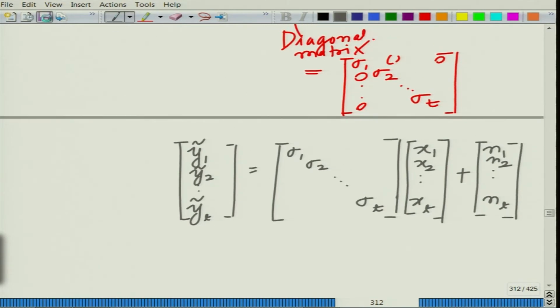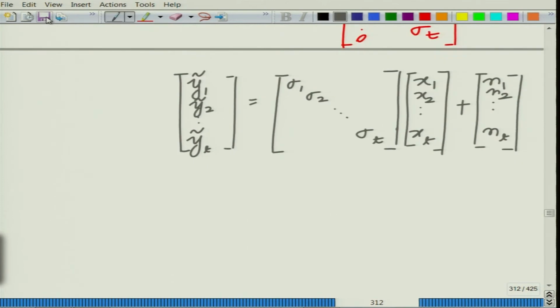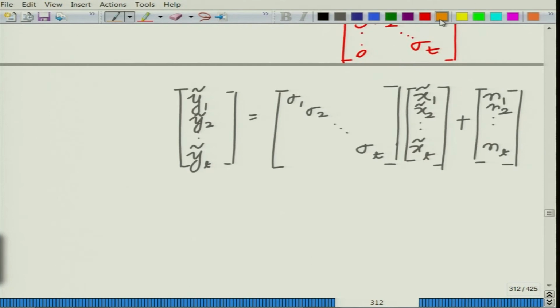So, this is your MIMO system model. This is your matrix Y tilde, this is the diagonal matrix sigma, this is your x tilde, and this is your n tilde.